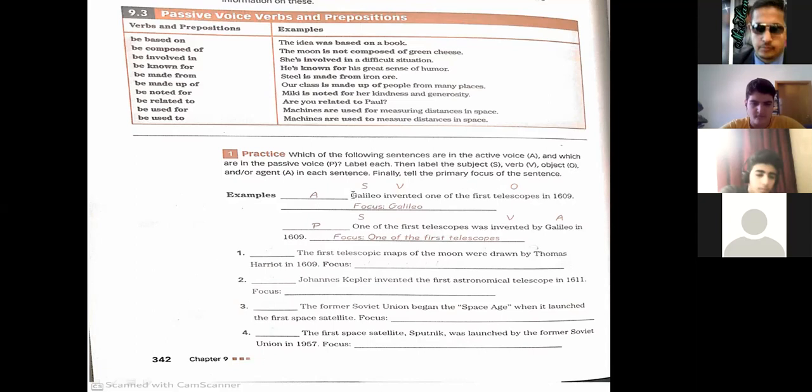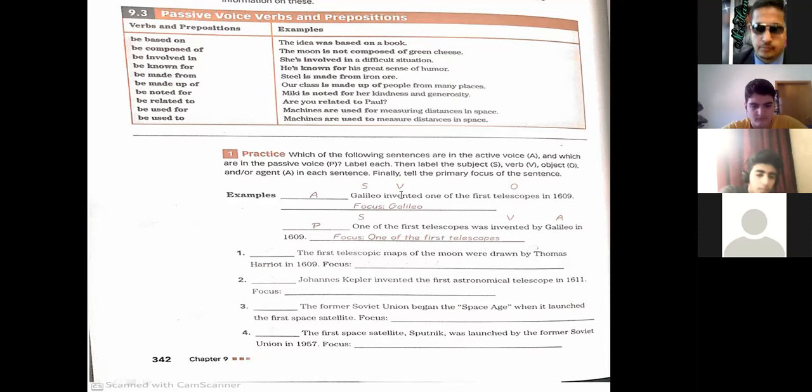Read the sentence. Galileo invented one of the first telescopes in 1609. Is this sentence active or passive? Active. How do you know? We have what here?